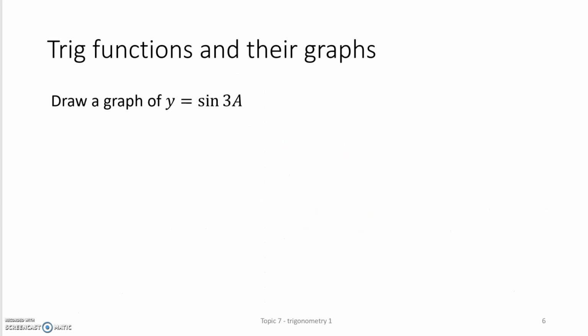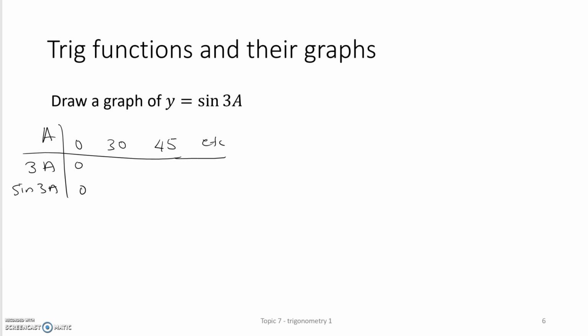Now, those are all very useful, but something that's more useful would be looking at something like y equals sine 3a. So we could draw a table, we could draw 3a, etc. And then we could find sine 3a, so that would be 0, 0, that would be a half, and sine 150.